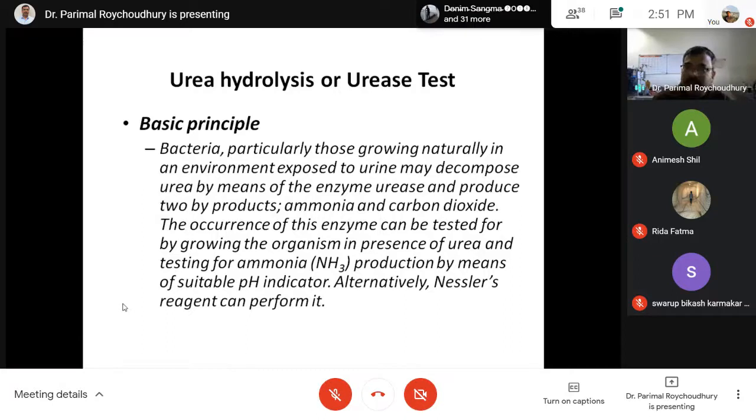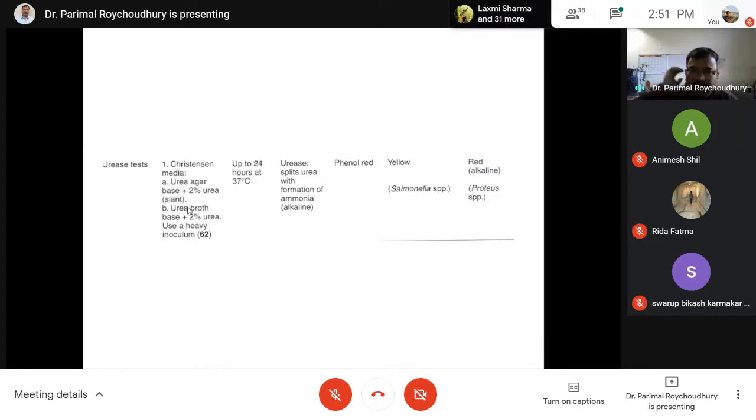The next is the urea hydrolysis or urease test. There are some very important organisms, and for their identification we always perform this particular test. We prepare the media containing urea, and the presence of urease will convert this urea to ammonia, and the ammonia will change the pH color of this test.